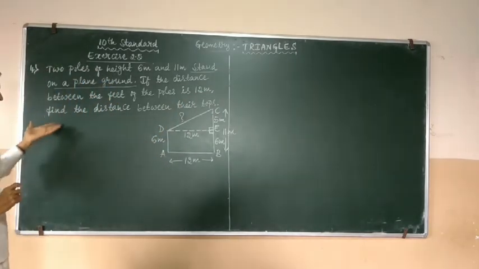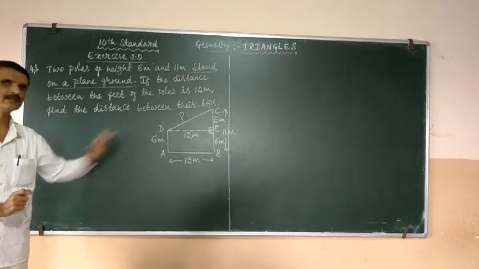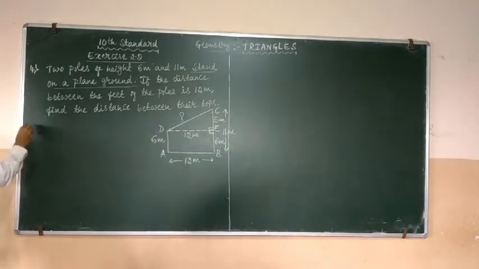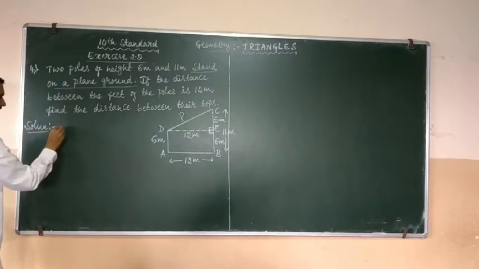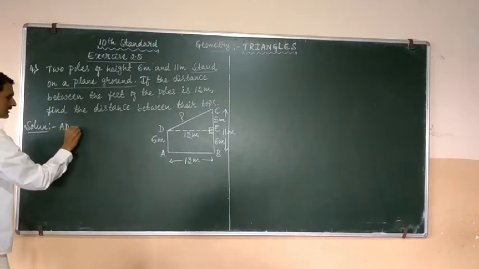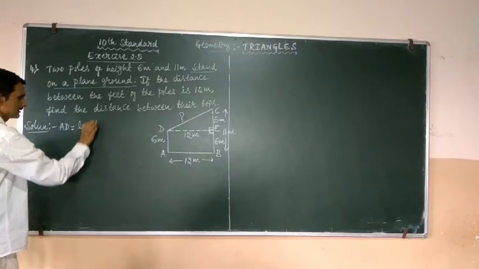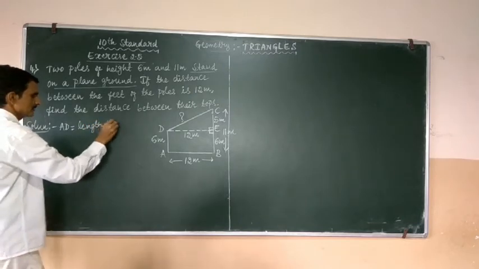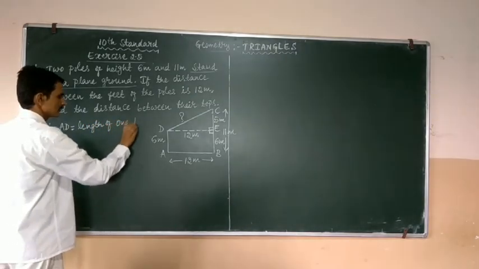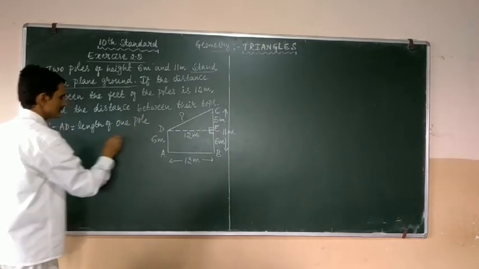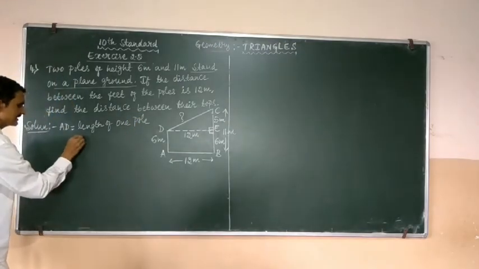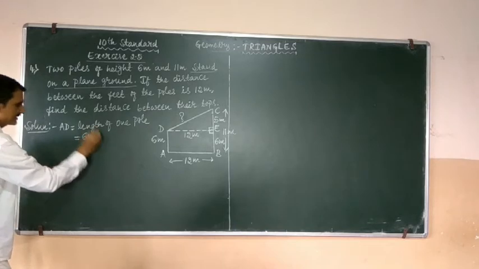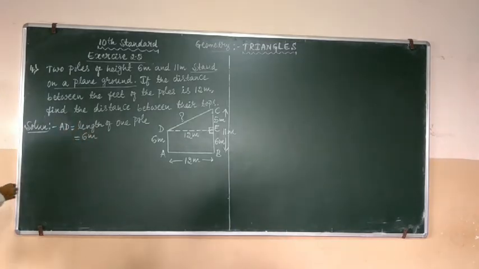Now students, we will write what we have done in the figure. Solution: AD equals the length of one pole, which is 6 meter.